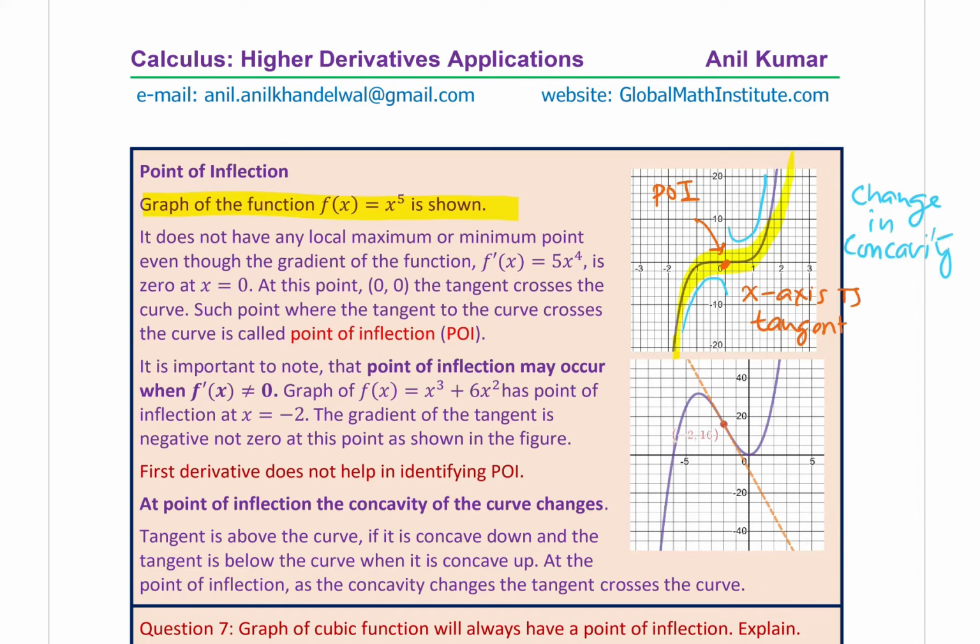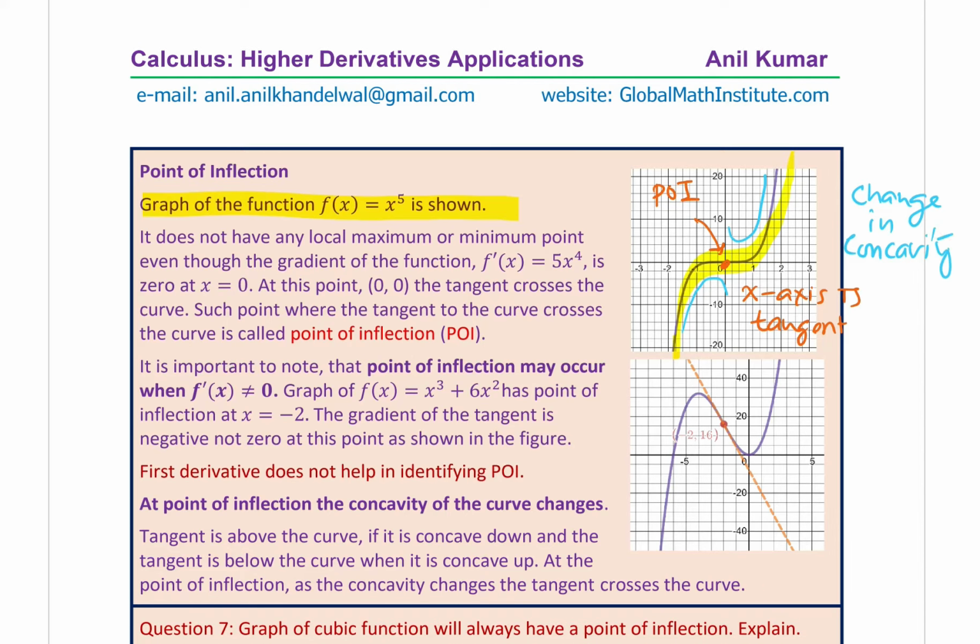The graph of f of x equals x cubed plus 6x squared has a point of inflection at x equals minus 2. The gradient of the tangent is negative, not 0, at this particular point as shown in the figure. Perfect. So the first derivative does not help in identifying a point of inflection. Let me make it very clear.